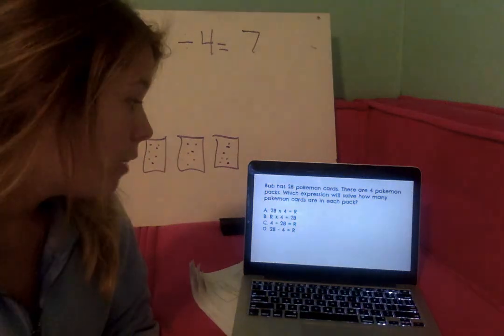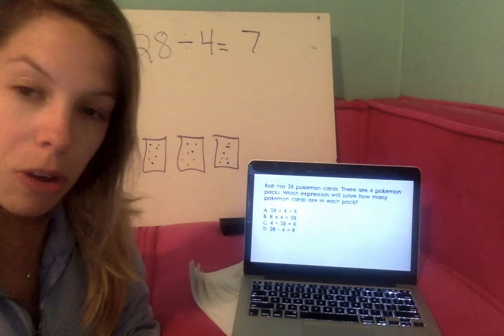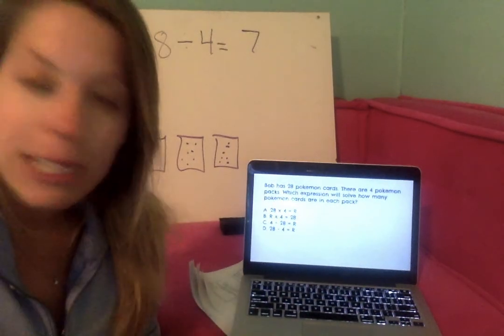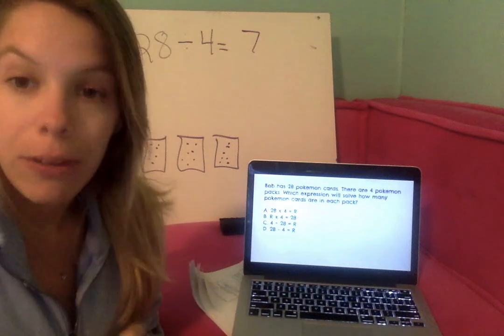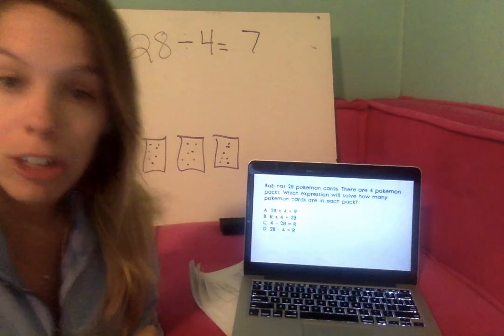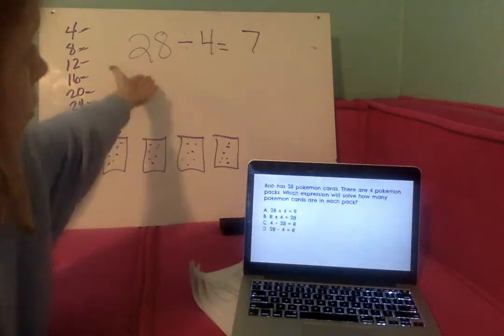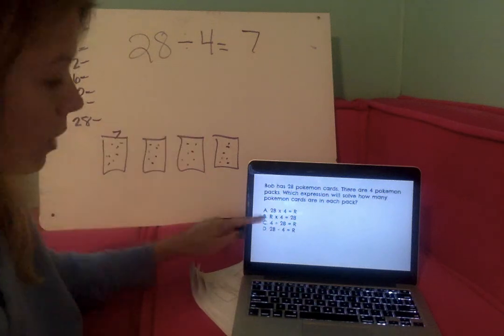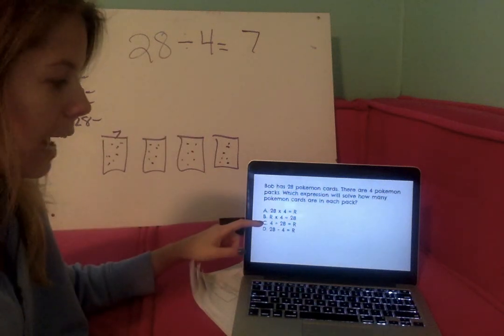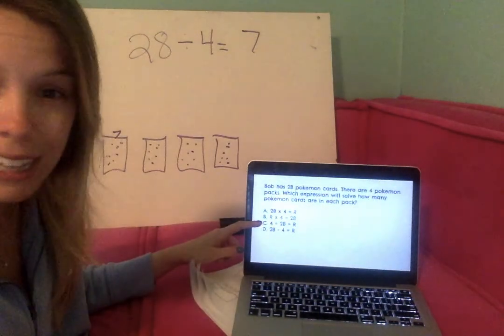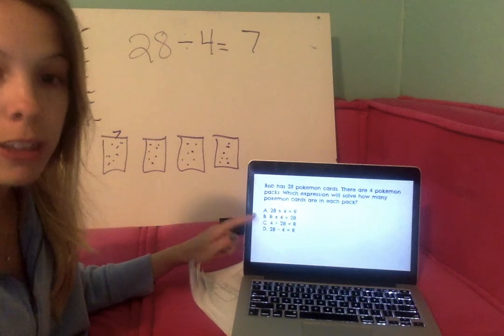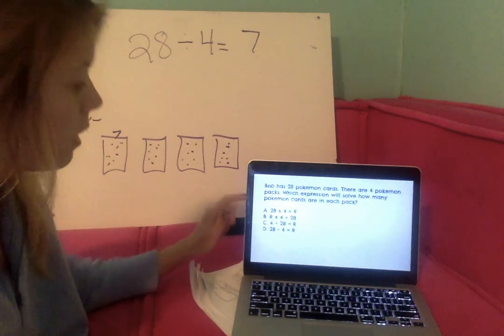It's C. 4 divided by 28 equals R. But that is not correct. Remember what I showed you on my phone. The total has to come first in a division problem. For example. So we could already mark out C. Okay? I just want to make sure you guys are not letting that confuse you. The total has to come first.